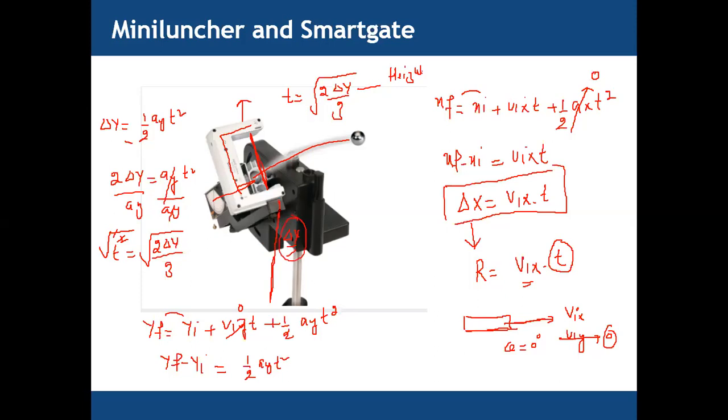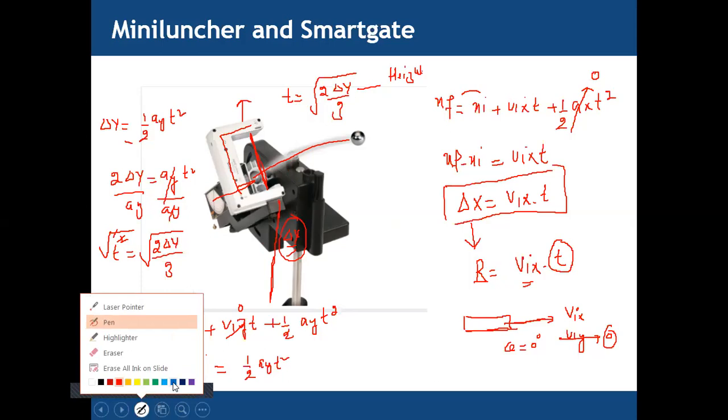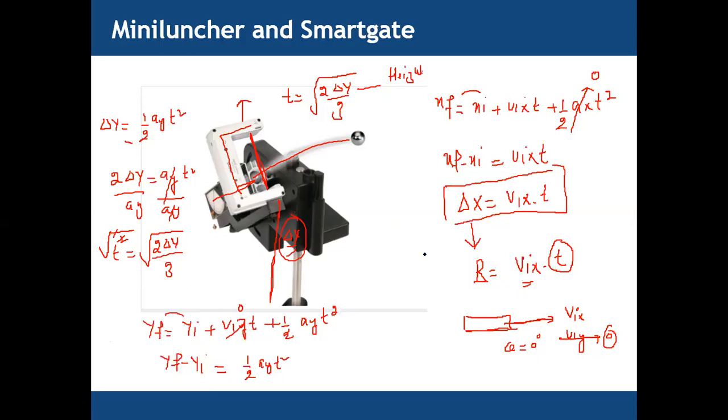And now we have an equation for t, and we have r is equal to initial velocity multiplied with time. So when you multiply with t, now you can put the value of t. So we have r is equal to Vix, this is initial velocity, multiplied with time.